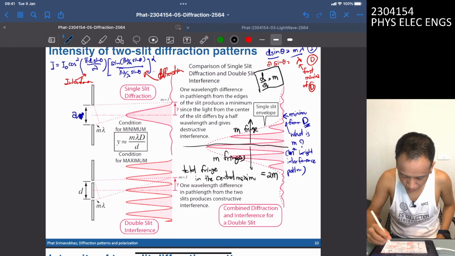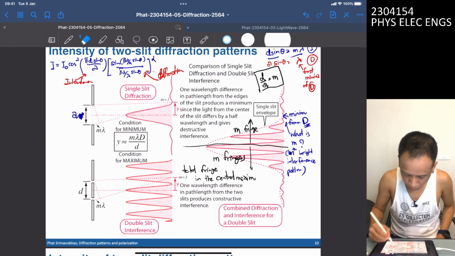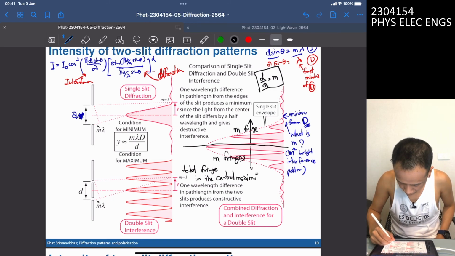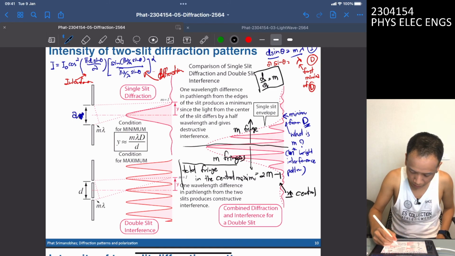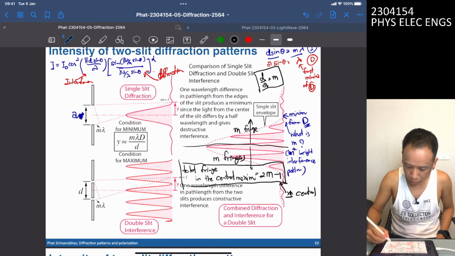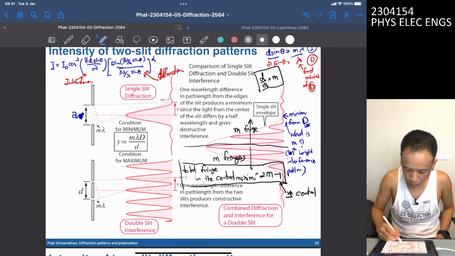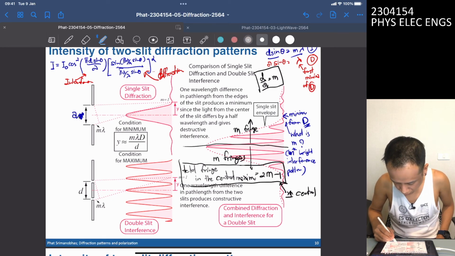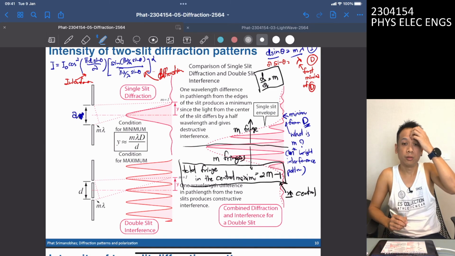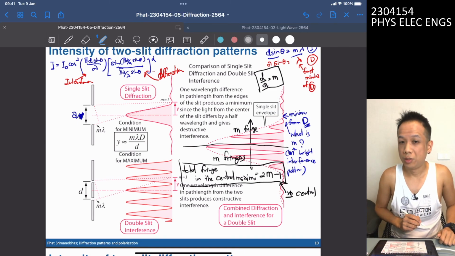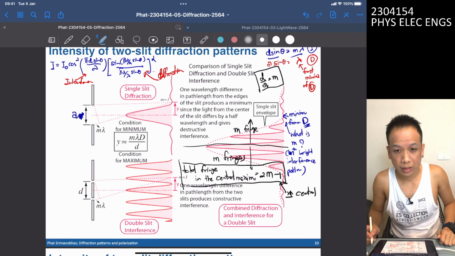So you need to have minus 1, okay, because we have only one central. Okay, so the total fringes in the central maxima will be 2m minus 1. Okay, so this is what we're going to get.